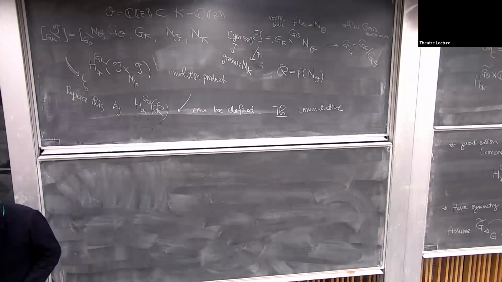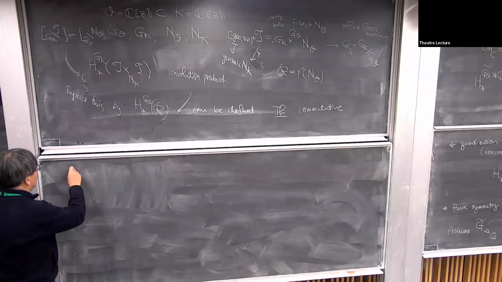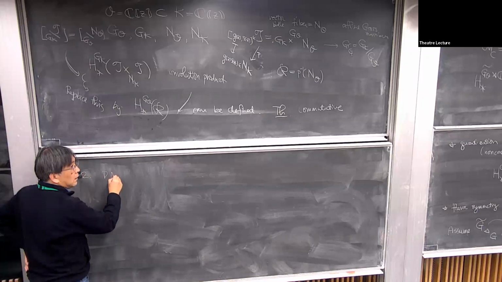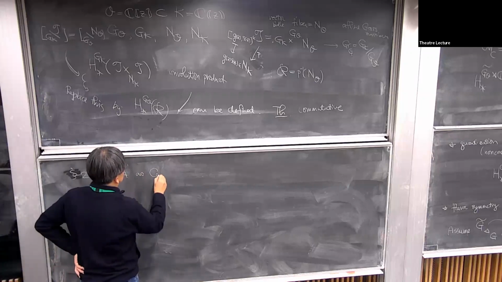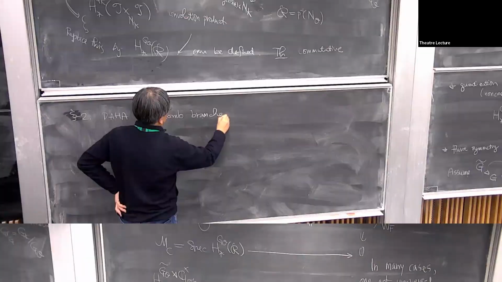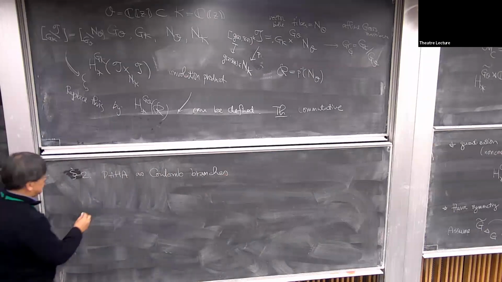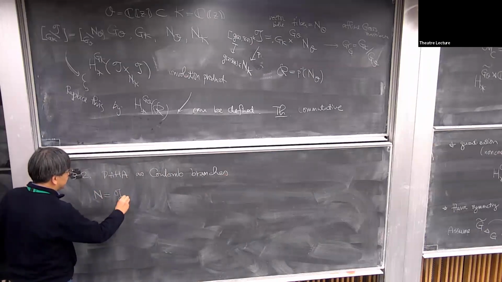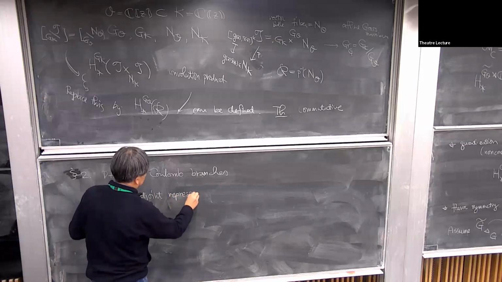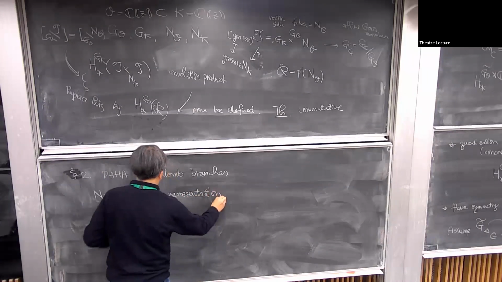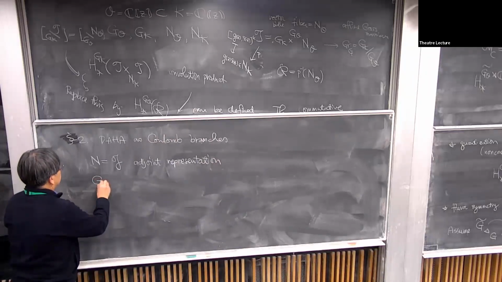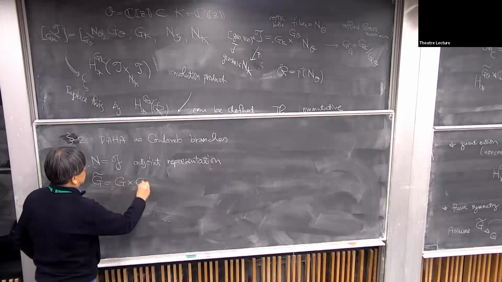Okay, this is the general case. And then for DAHA, this is section 1, maybe. So this is very simple. You just take N to be the adjoint representation, and G tilde is just C star.